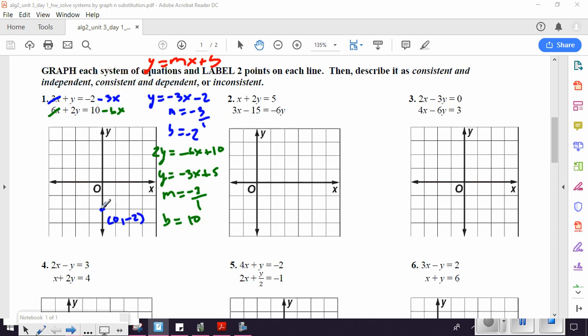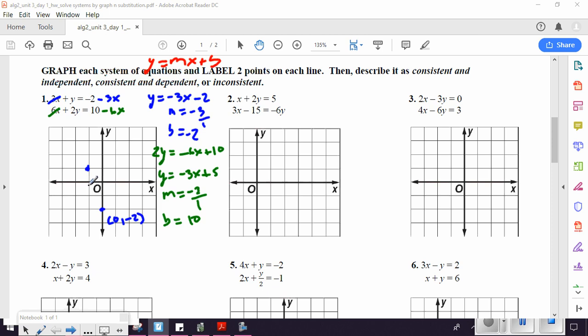and then use your slope, which says fall 3, 1, 2, and notice I'm off the grid. So instead of falling 3, I'm going to rise 3, up 1, 2, 3, but then I'll go to the left. When it's negative, you do the opposite of what you traditionally do. Traditionally, we go up and right, but that's only if it's positive.